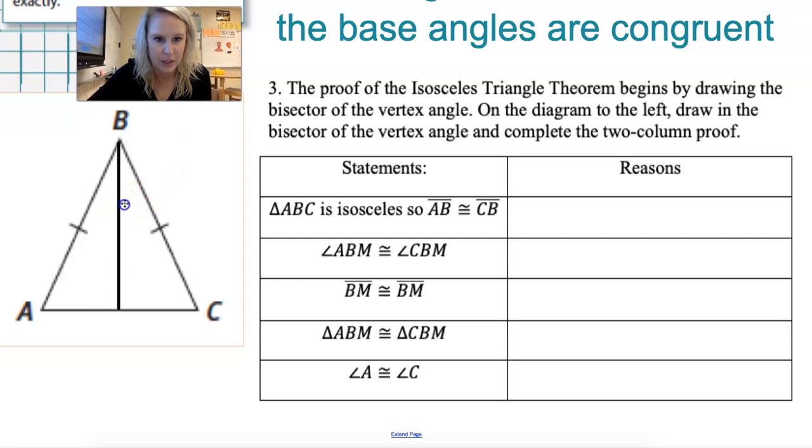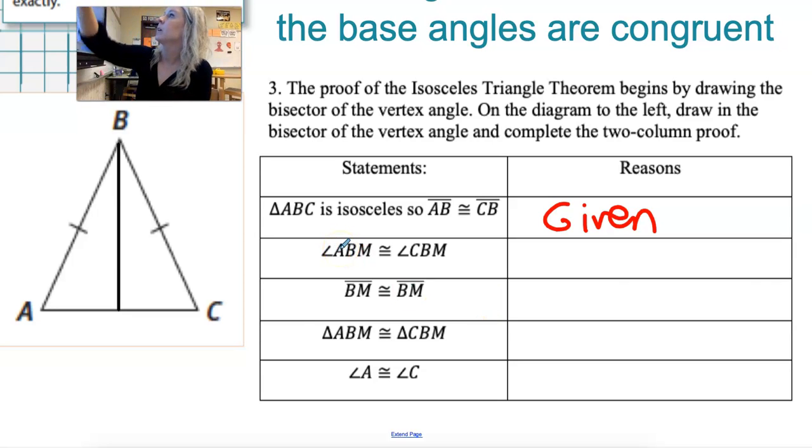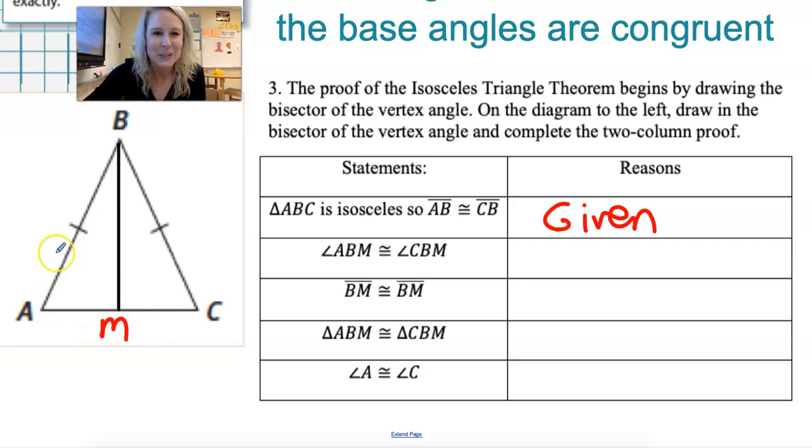Okay. All right, so let's talk about this proof. If ABC is isosceles, I know that AB, they gave me a tick mark here, is equal to CB. So that's given. They gave that to us in our picture, okay? The reason I know angle ABM, where this bisector hits, I'm going to call it M, by the way, is this angle here.